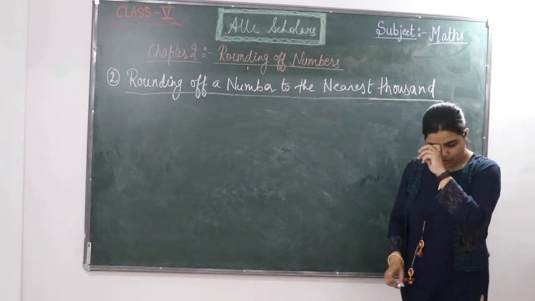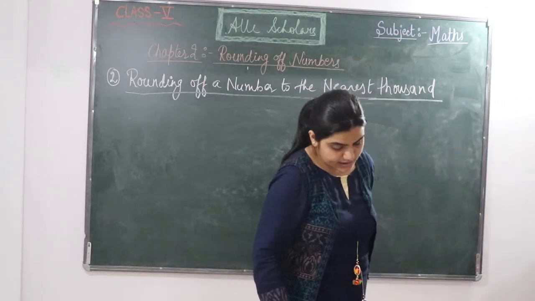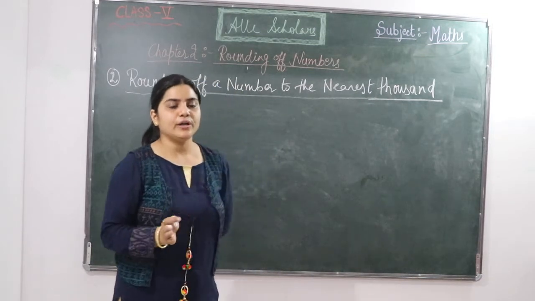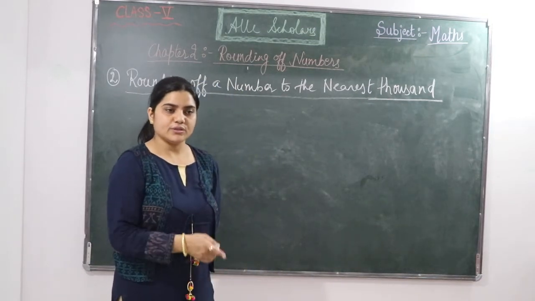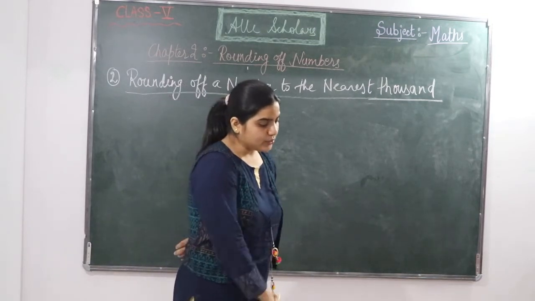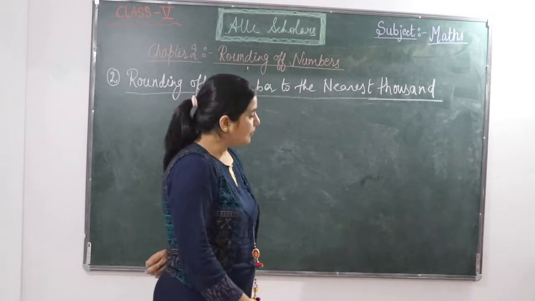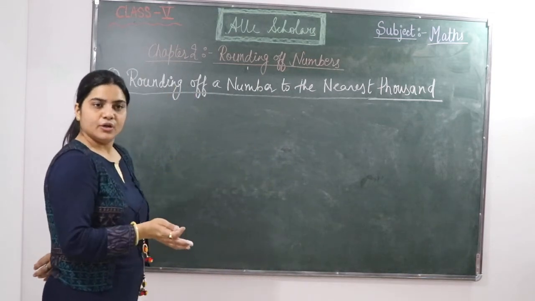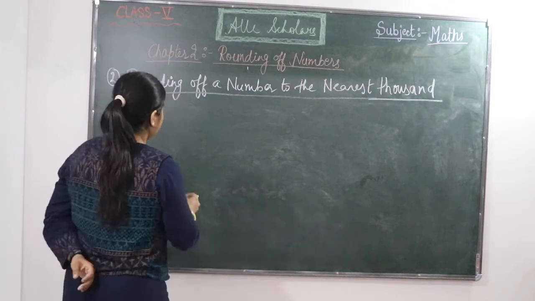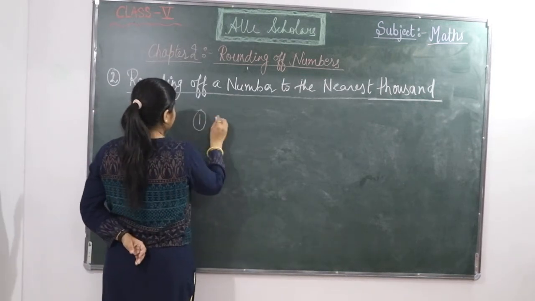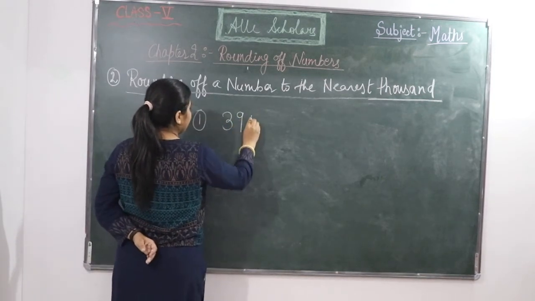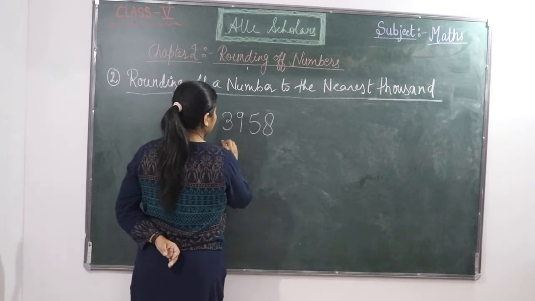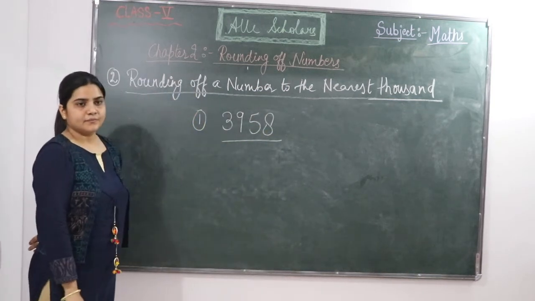Okay, so rounding off a number to the nearest 1000 means we round it off to the multiple of 1000 which is nearest to the number. A number which is midway is to be rounded off. Let's take an example, 3958.